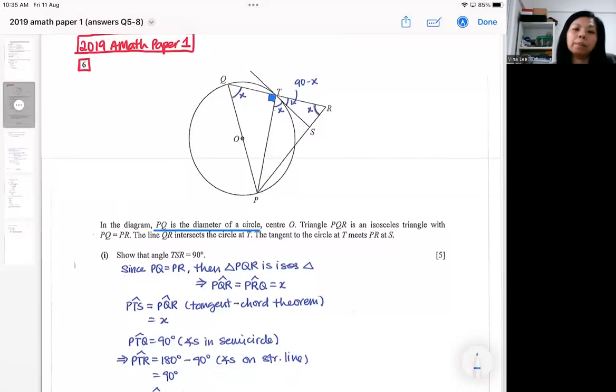Another thing is that the question tells you that there is an isosceles triangle, which will lead you to deduce that these two angles are the same. Later on, you can decide whether you want to assign algebra to these two angles or not. Which I did. I assigned the algebra for these two angles.